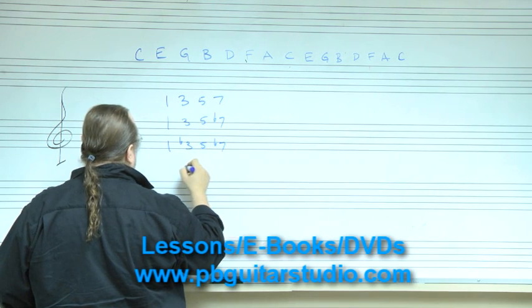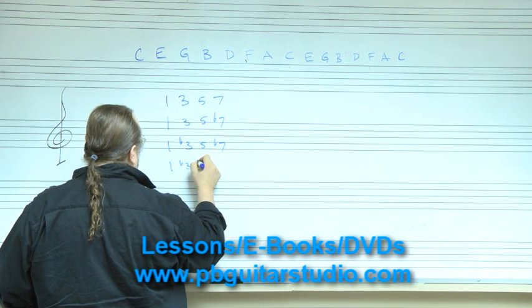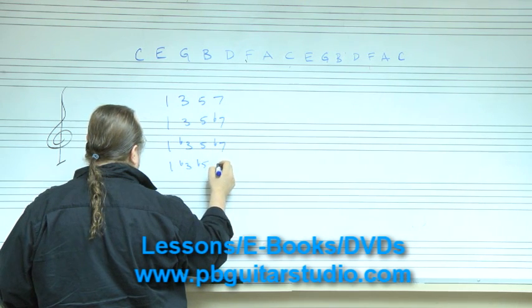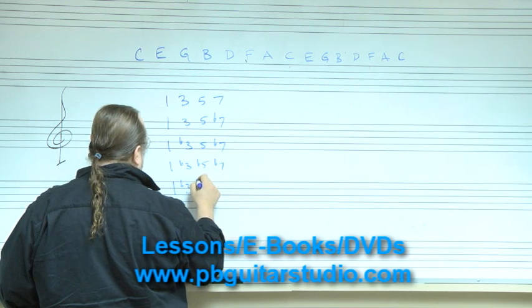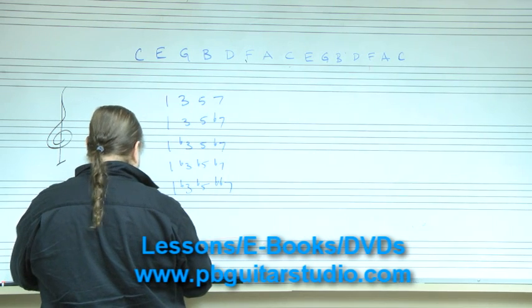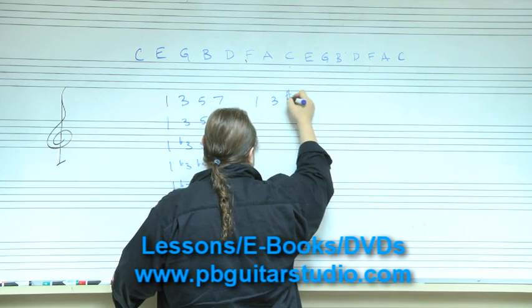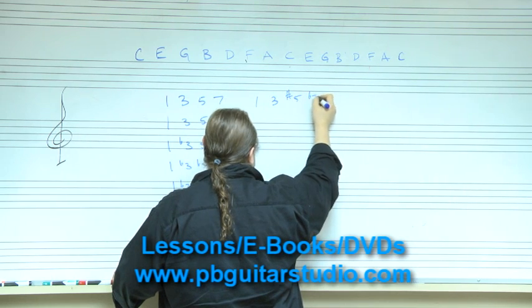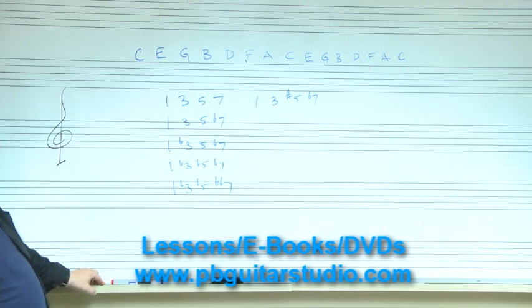Then 1, flat 3, flat 5, flat 7, and then 1, flat 3, flat 5, double flat 7. Those are the basic ones. There's one more, the sharp diminished, 5, flat 7. Those are the main core things you can do to a seventh chord.